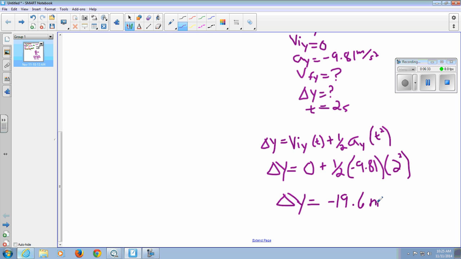So the height above is 19.6 meters. So our height is 19.6 meters because we know our displacement is negative 19.6. That's the answer for problem 108 in the textbook.